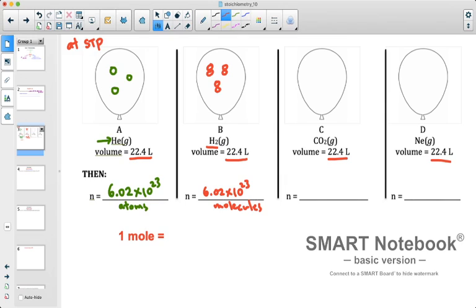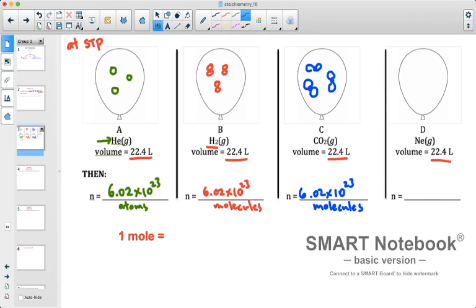Even when he put in compounds and not elements, so something like CO2, which is a covalent gas, if we could see inside and look at the particles, it would look something like this. But he also observed that it still had 6.02 times 10 to the 23 molecules inside.